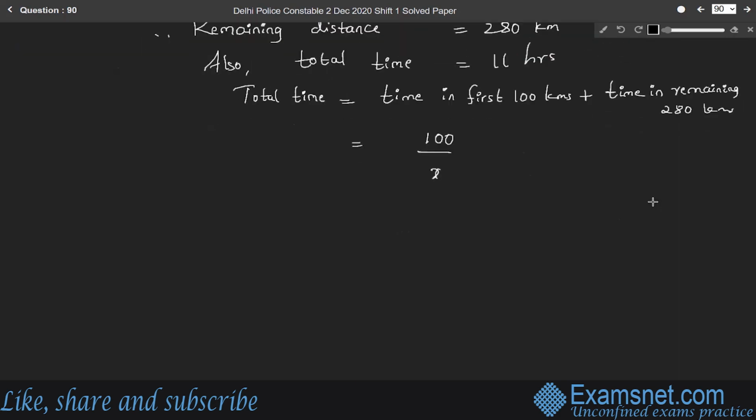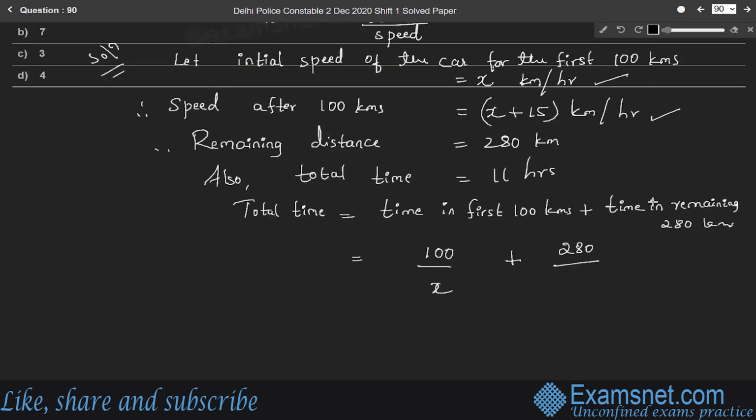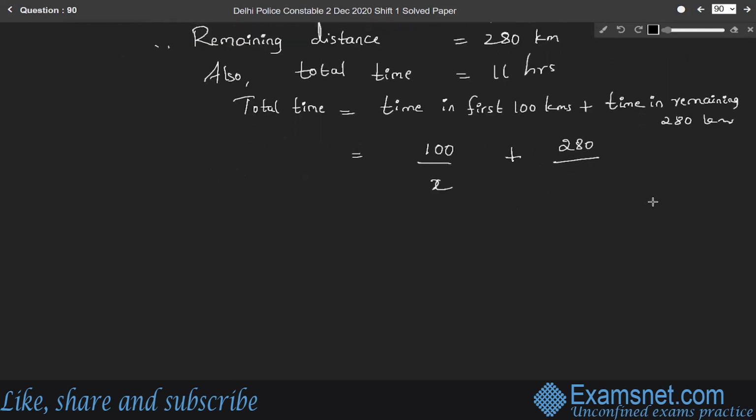So 100 by x plus time in remaining 280 kilometers, 280 divided by speed, speed after 100 kilometers is x plus 15. 280 by x plus 15. So what is total time here? 11 hours, right? So let us solve this. 100 by x plus 280 by x plus 15 is equal to 11.